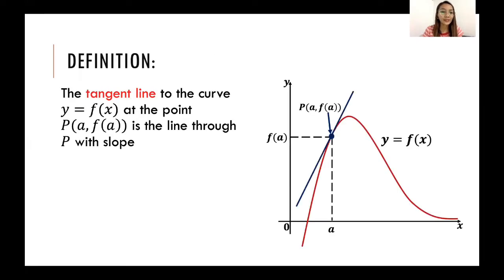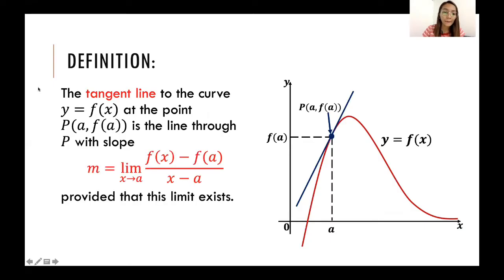Okay, so let's define the tangent line. The tangent line to the curve y is equal to f of x at the point P of A, f of A is the line through P with slope m is equal to the limit of f of x minus f of A over x minus A as x approaches A, provided that this limit exists.